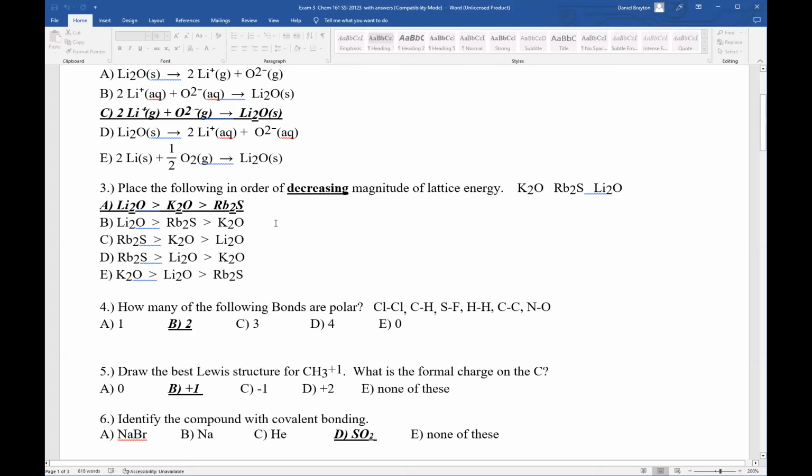And so lithium, since it's oxygen and 2, you're kind of comparing those 2, right? And lithium is smaller than K, which is potassium, so you have lithium greater than potassium, and then rubidium is below potassium, and also oxygen, sulfur is below oxygen. So there's 2 reasons to rank the rubidium sulfide below the potassium oxide.